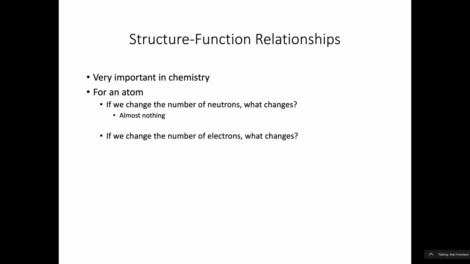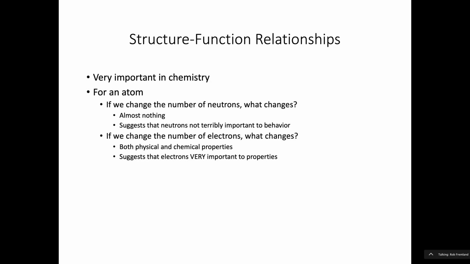Almost nothing. But if we change the number of electrons, what changes? A lot, right? And this suggests that neutrons aren't terribly important to the behavior. Change the number of electrons, we change both the physical and the chemical properties. That means what the electrons are doing has to be much more important to the behavior.